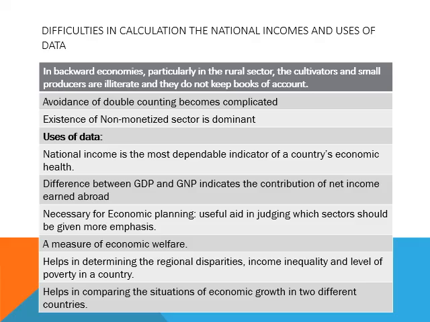Number two, avoidance of double counting becomes complicated. Number three, the existence of a non-monetized sector is dominant.